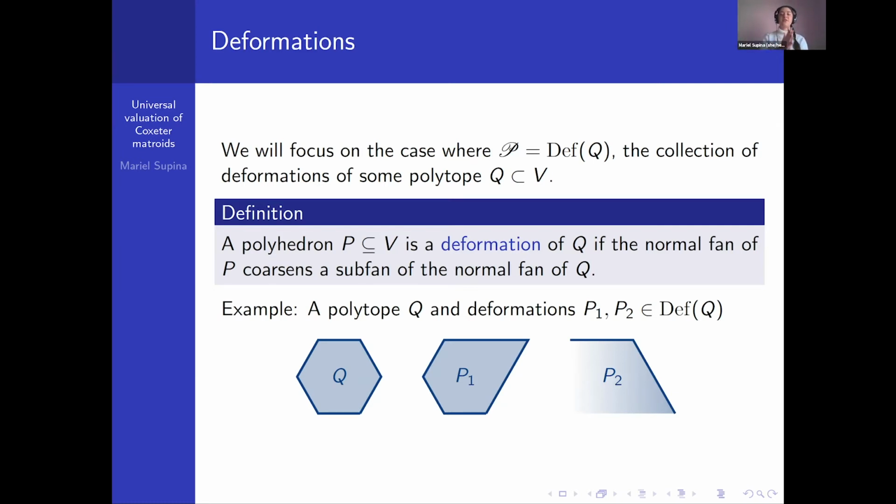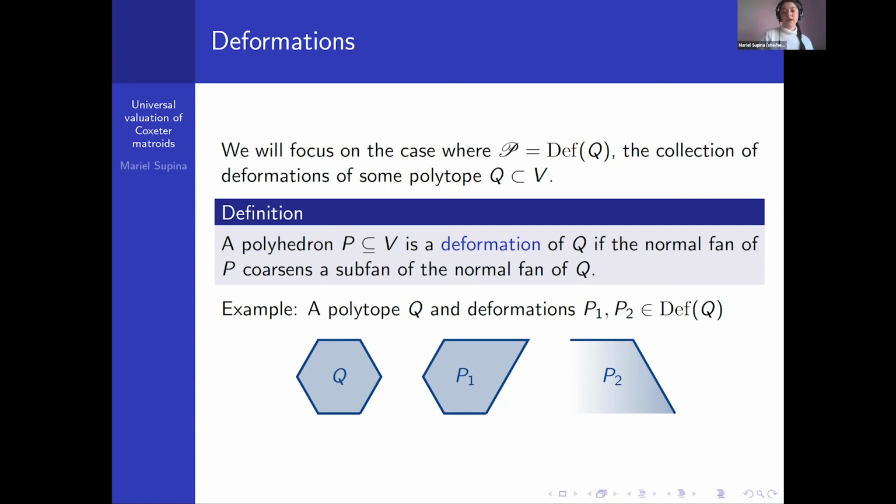This just amounts to taking the supporting hyperplane from that hyperplane description that I said on the first slide, and moving the position of the supporting hyperplane, but not changing its orientation. If I slide this out all the way, until this isn't an edge anymore, then I get this pentagon P1. So that's going to be one deformation of Q.